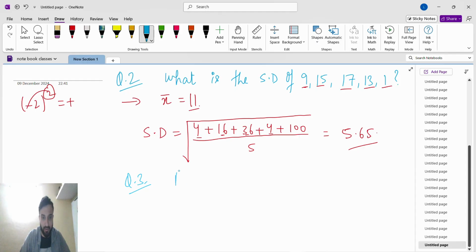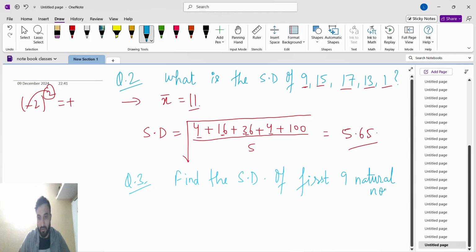Find the standard deviation of first 9 natural numbers. You have to find the standard deviation of first n natural numbers, right?